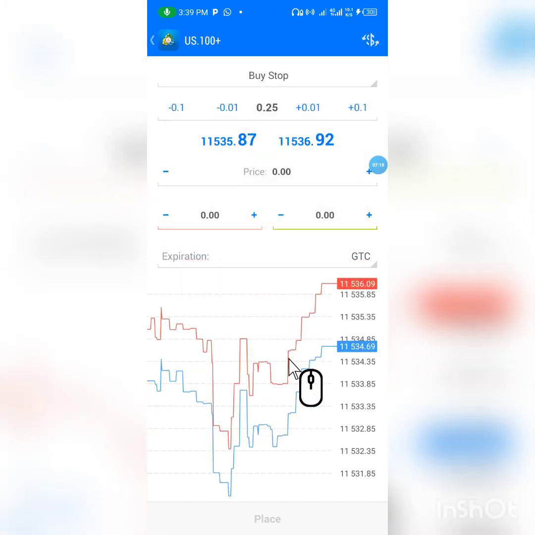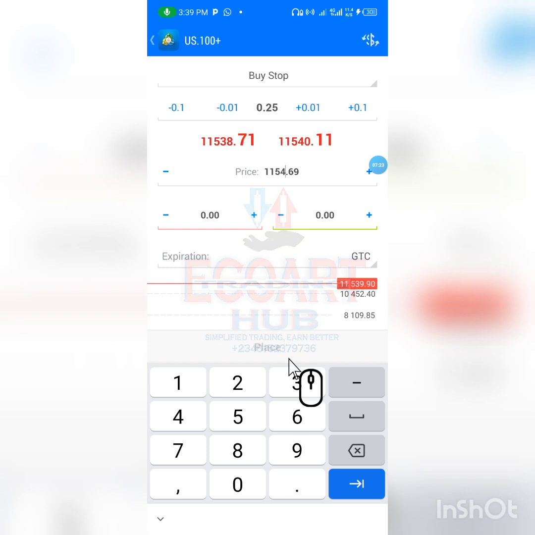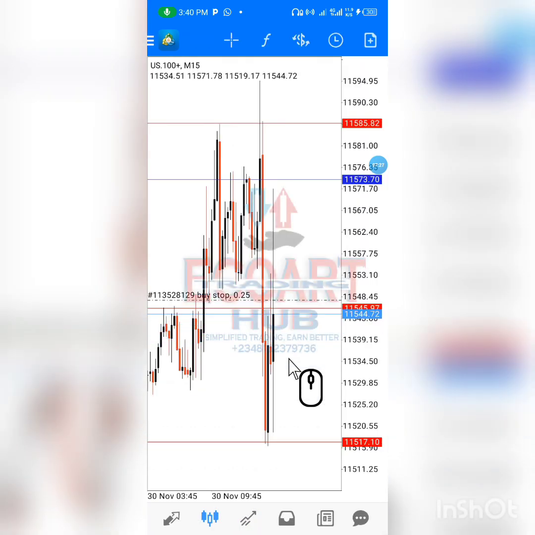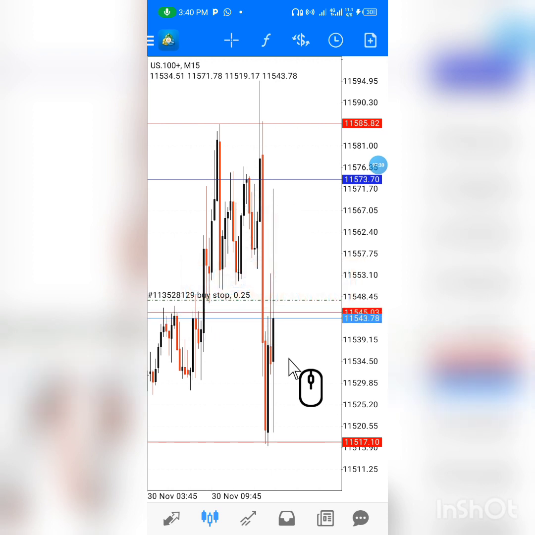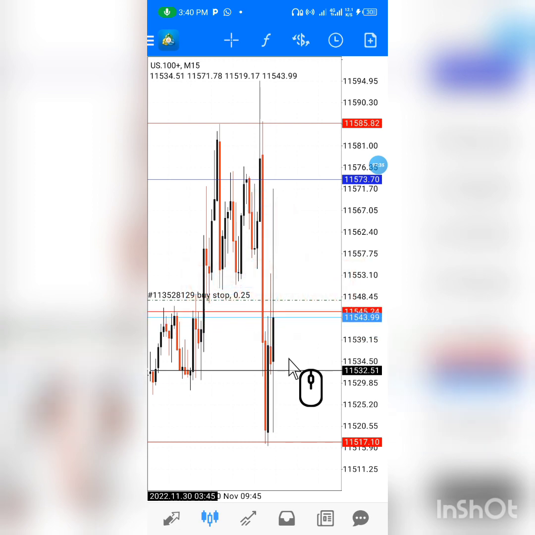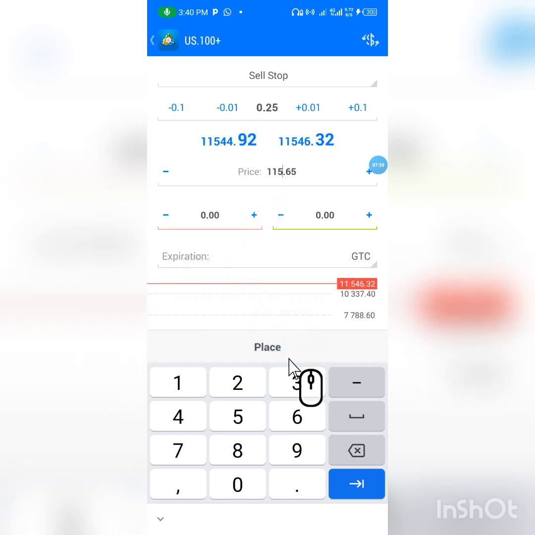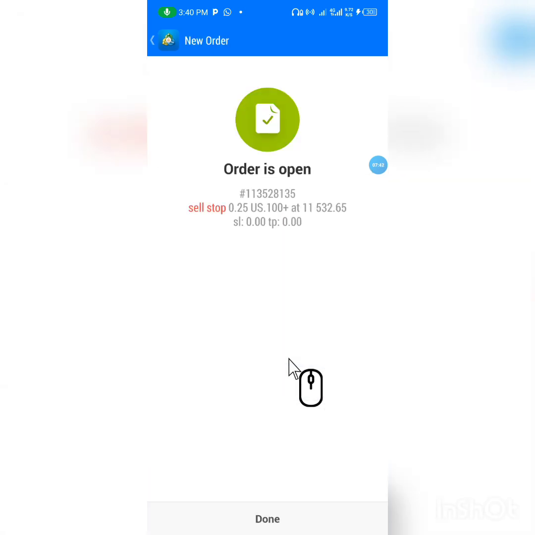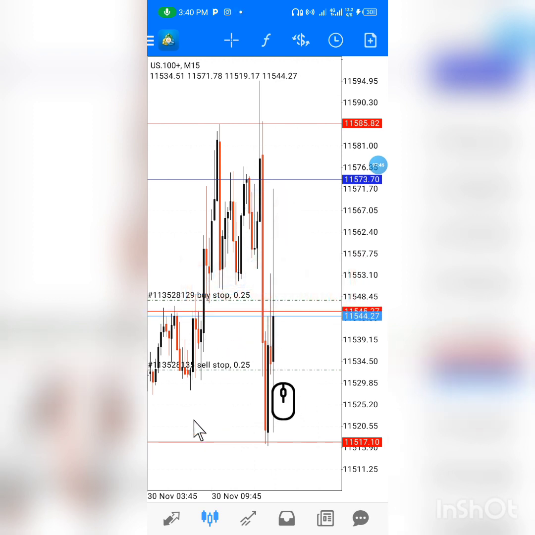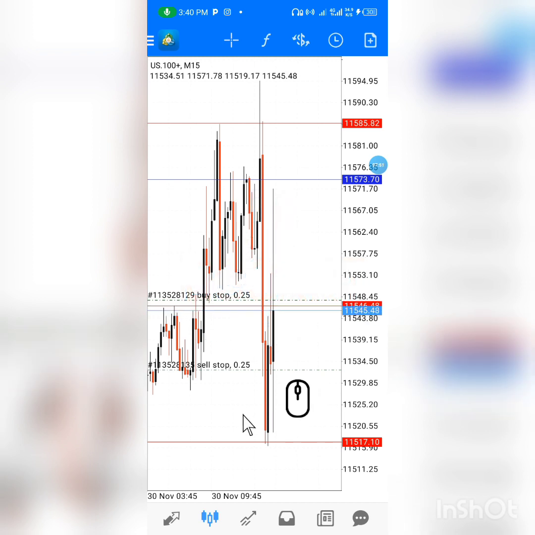Buy stop 11547, and I'll place my sell stop below this price, 11532. Sell stop 11532. So we'll have our buy stop placed above current market price and our sell stop placed below current market price. That is how to place your pending order.